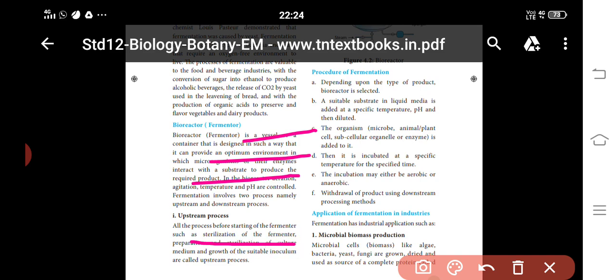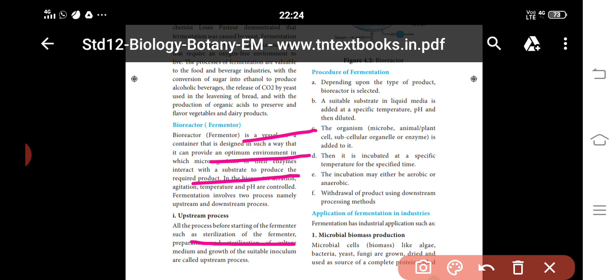Sterilization of the fermenter means the fermenter is sterilized, along with the culture medium, growth medium and inoculum.